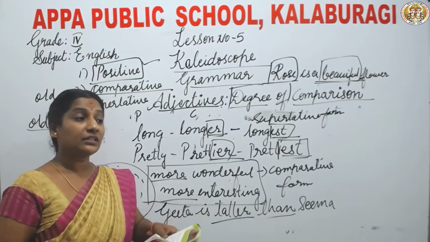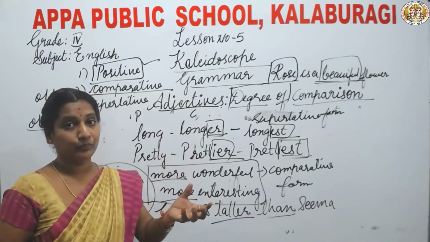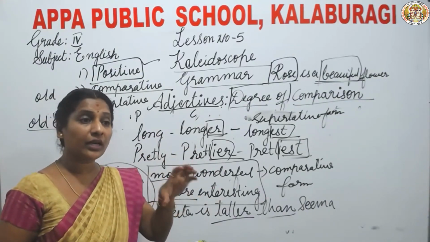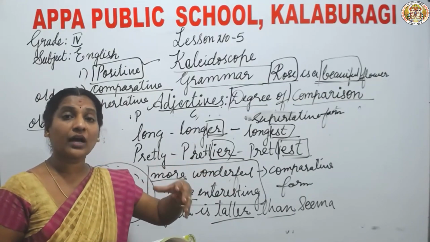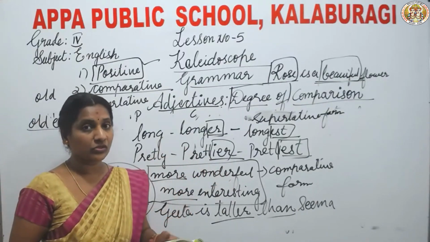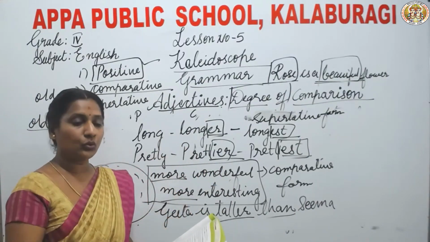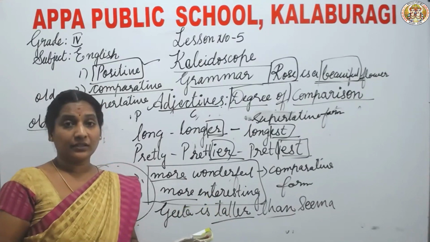Now you are telling, totally in the class, her dress was the prettiest one. So this way, when you want to say that amongst the whole class, she was the one wearing the prettiest dress, you use this form. Now, Sana is the tallest girl in the class.